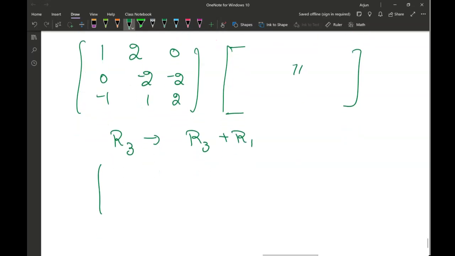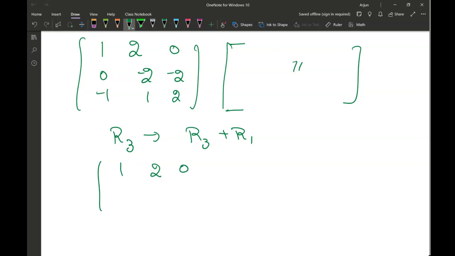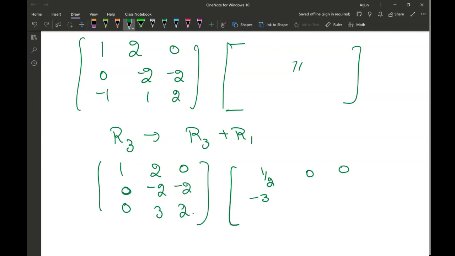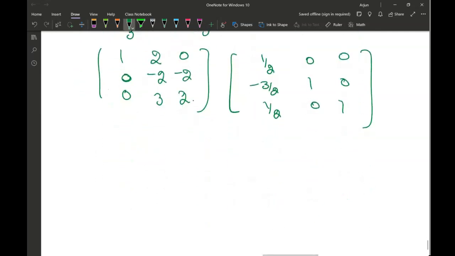The first two rows I'm not applying any operation on, so the effect will be seen on the third row. That is straightforward: 3 2, and here it will become 1/2 0 0, -3/2 1 0, 1/2 0 1. That's what you're going to get.